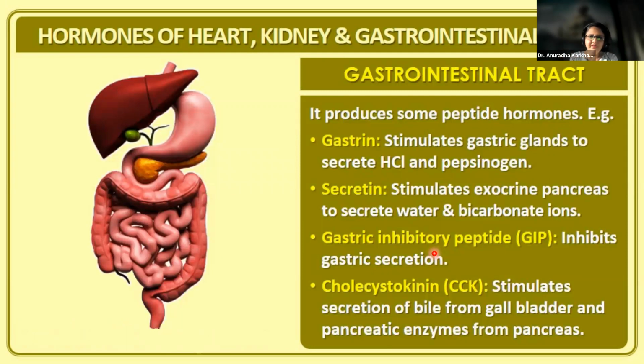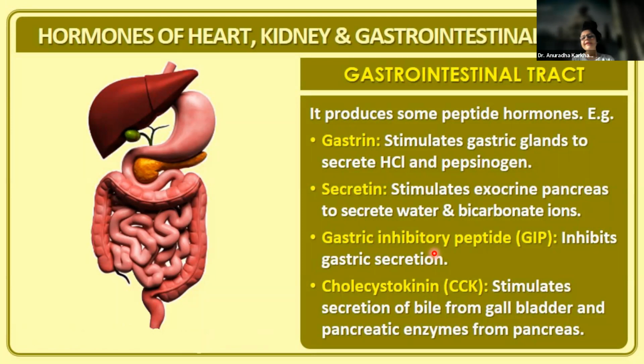Which are the gastrointestinal hormones? You remember these four: gastrin, secretin, GIP, and CCK. These four are from the digestion chapter. Gastrin stimulates gastric glands to produce what? Hydrochloric acid and pepsinogen. What happens to them next, their use in digestion, we have already seen.